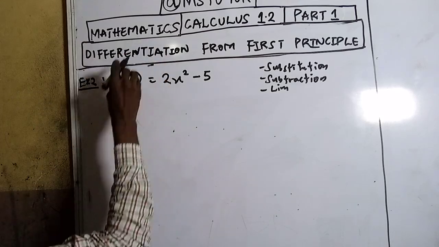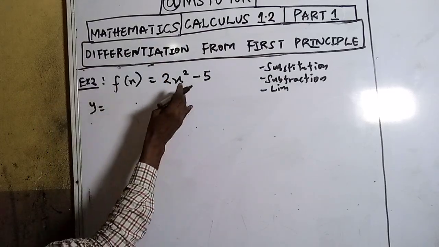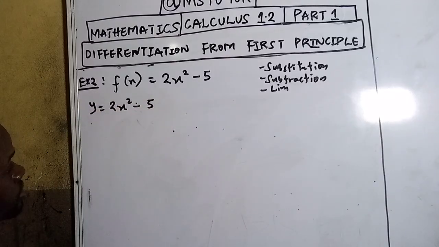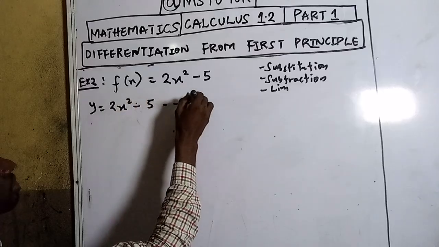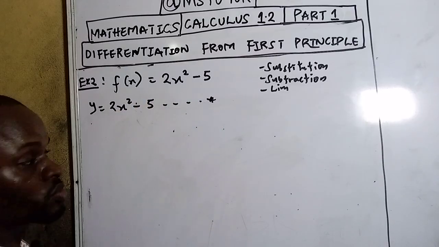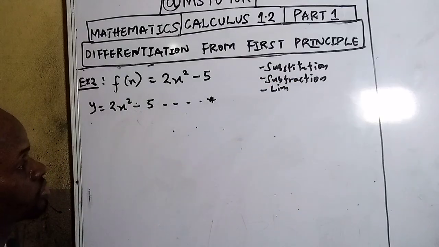So recall that we can say y is equal to 2x squared minus 5. Let's call this one star. Don't forget that as y increases, x also increases.